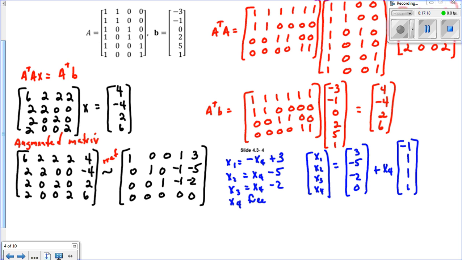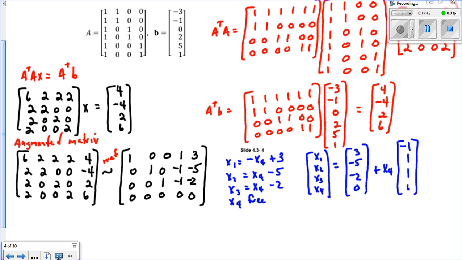Okay, so we just found an infinite number of solutions for that least square solutions. So there's not always just a unique single value. So this is giving us all the x's in Rn so that A times x is the same distance to the vector b. Okay, so if you wanted just any solution, you could pick x4 equal to 0.